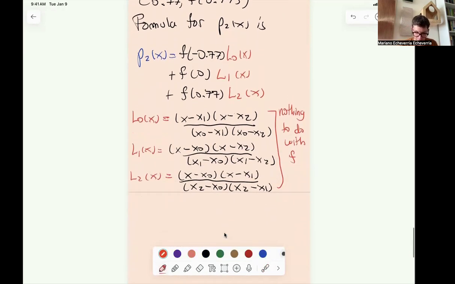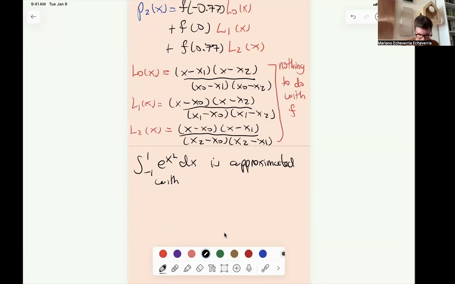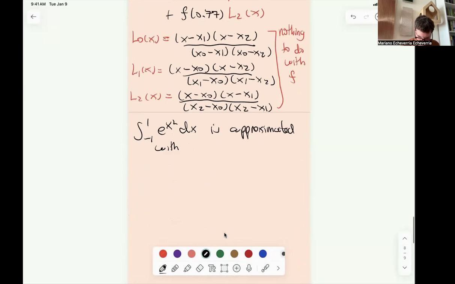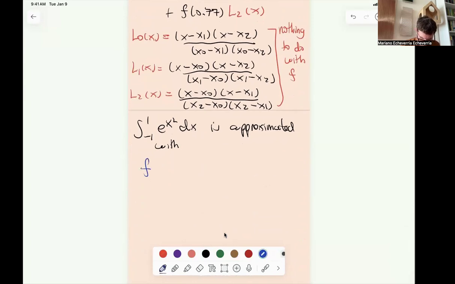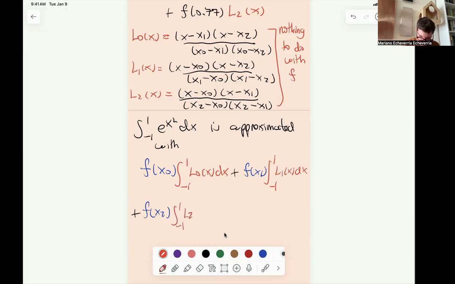So what that means is that the approximation is then approximated with f of x0 times the integral from -1 to 1 of L0 of x dx plus f of x1 times the integral from -1 to 1 of L1 of x dx plus f of x2 times the integral from -1 to 1 of L2 of x dx.